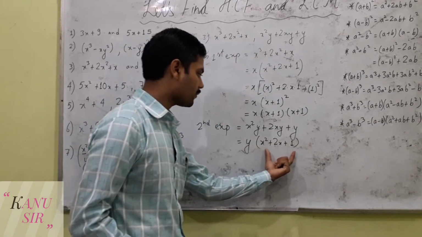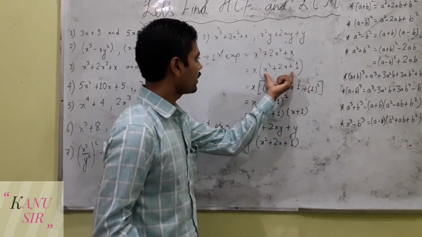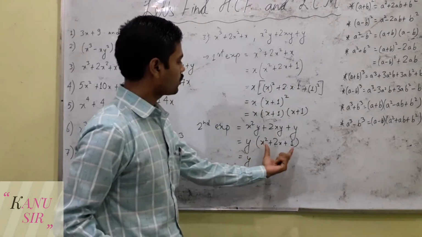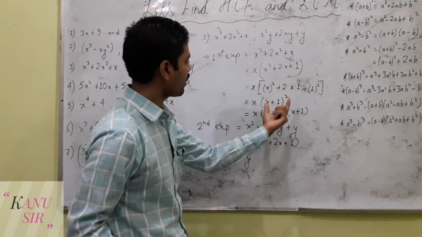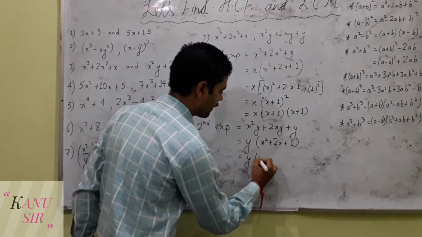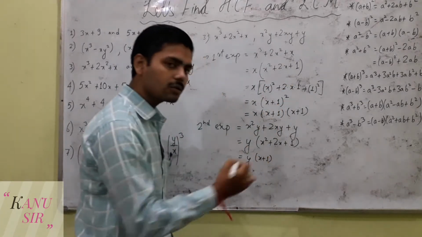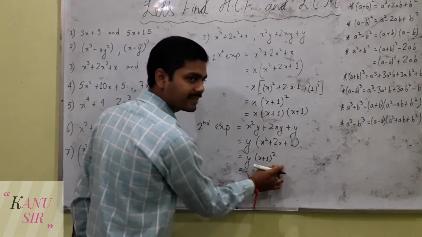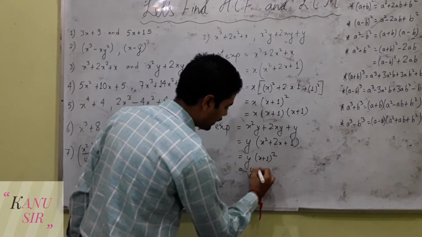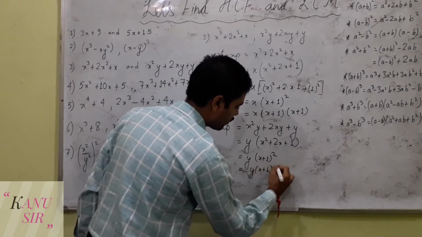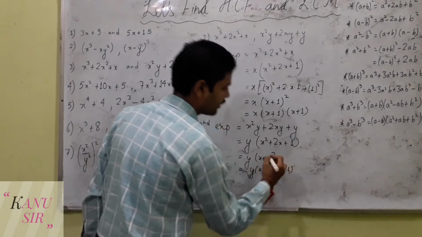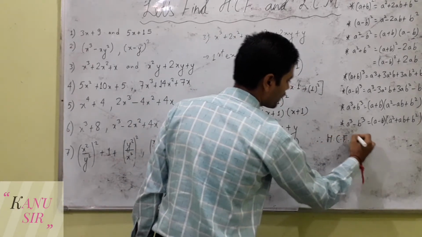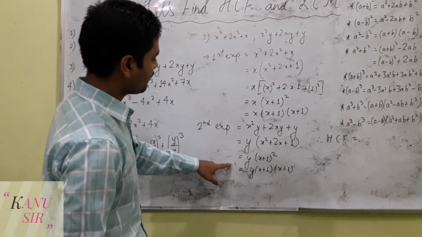Luckily, we have just solved this in the previous expression, so you can directly write the outcome of x square plus 2x plus 1 as (x plus 1) whole square, because we have understood it. Or you can do this process once again for the second expression also. So we get y times (x plus 1) times (x plus 1). Now the HCF of these two expressions is the factor common in both the expressions.